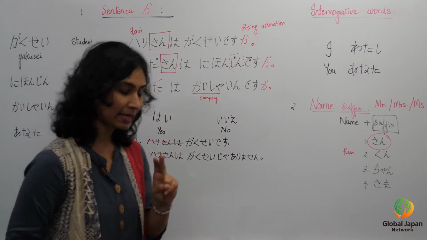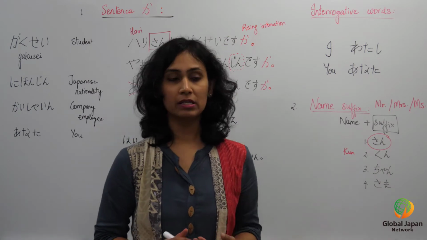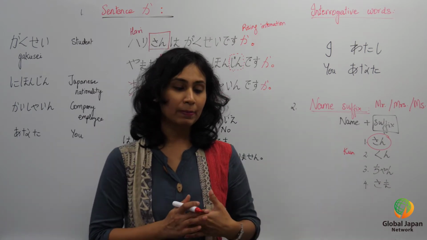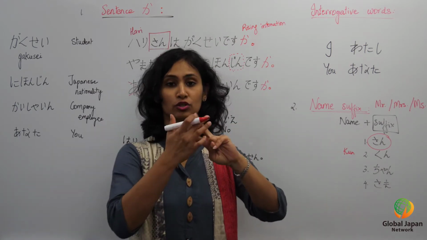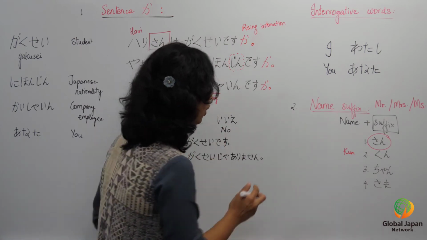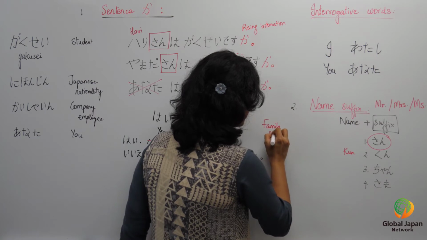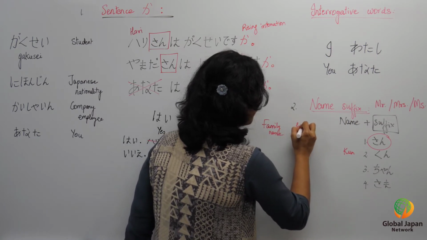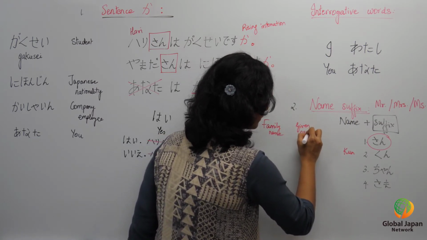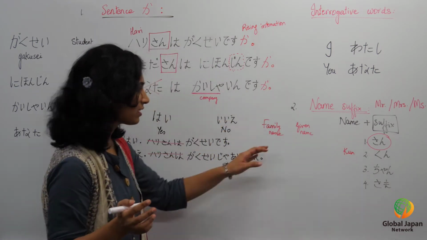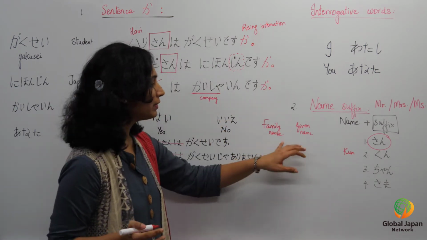Okay? Second thing. When it comes to a person's name in Japan, people have two parts to their name. One is their family name. The other is the given name. In India we call it surname and name. So the family name and given name.